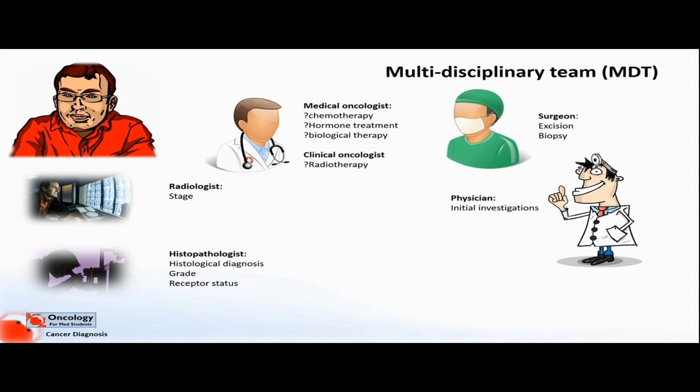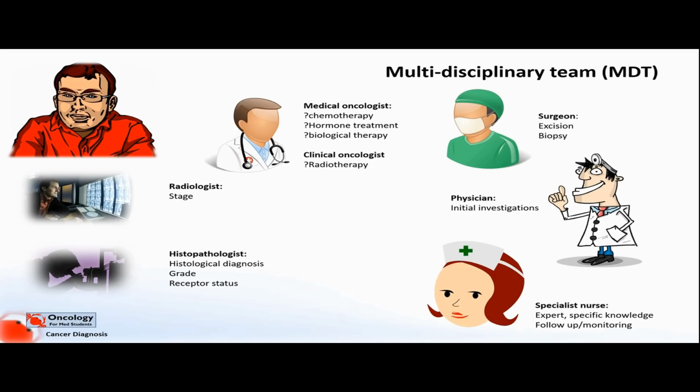We also have surgeons. So the surgeons are the people who will cut out tumours, or if there are special biopsy procedures that need to be taken because tumour tissue is particularly hard to get hold of, they can have an input with regards to this.